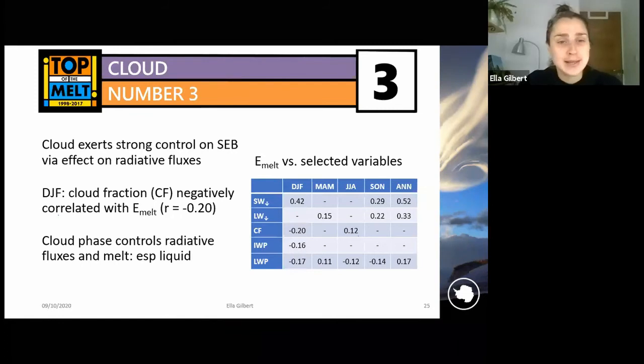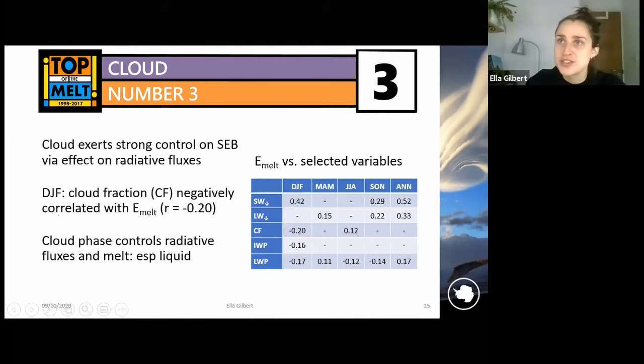So, number 3, one of my favorite subjects, cloud. On the right-hand side here, we've got a table of the correlation coefficients between melt flux and a few selected variables: downwelling longwave and shortwave, cloud fraction, and then ice and liquid water paths, which are a measure of the amount of ice and liquid in clouds.